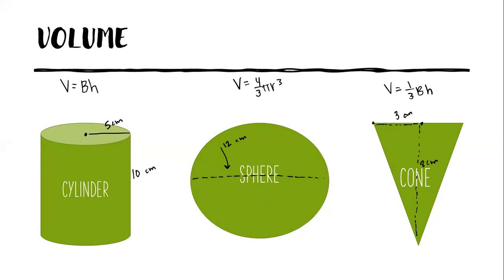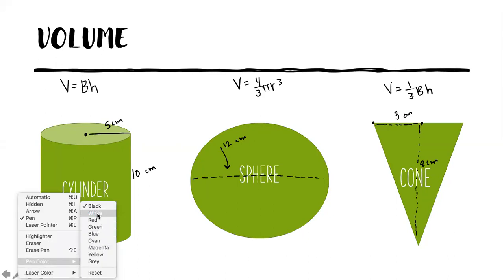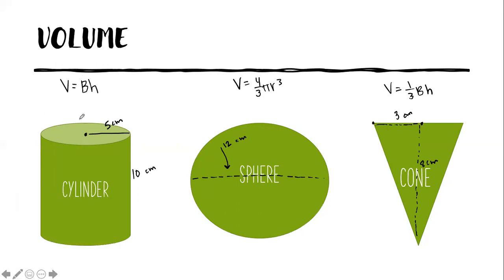Okay, let's start with the cylinder. Volume equals capital B times H. What does capital B mean? Area of the base. Capital B stands for the area of the base. What shape is my base on a cylinder? A circle. So capital B is the area of a circle.